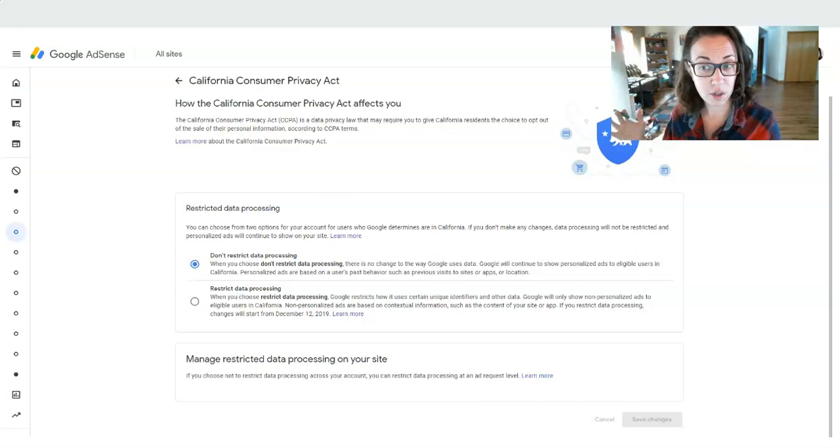You're like, okay, because of the CCPA, does that mean I have to click the box? I mean, if it had to be done, wouldn't Google just do it for me? And I think the answer is kind of yes. But anyway, it gives you an option if you want to affirmatively go ahead and take extra steps to comply with the CCPA.